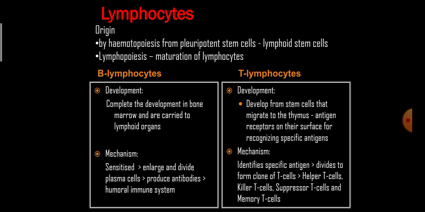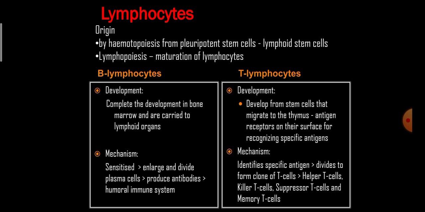How does it function, the mode of action? The mode of action of B lymphocytes is that B lymphocytes are sensitized either directly by the antigens or by T cells. I had told that when T cells get activated by the complex, they will activate or sensitize B cells. After they are sensitized, they enlarge and divide to form plasma cells.